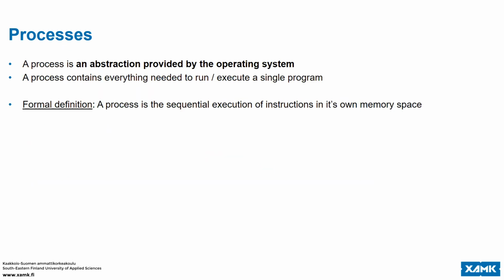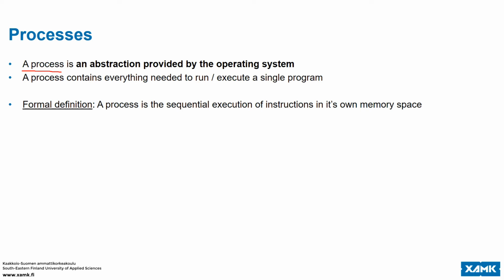One way of managing the execution of all possible programs on a computer system is through the abstraction called a process. So usually operating systems provide an abstraction called a process.